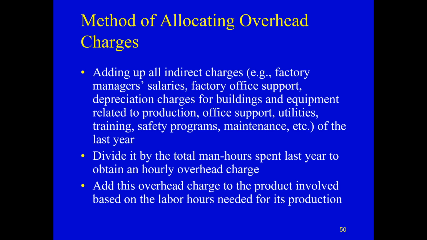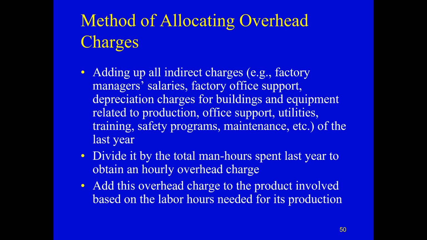Now, we said that there are three components of cost of goods sold: direct labor, direct material, and overhead costs. Direct material and direct labor are easy to track, but the overhead costs are difficult.